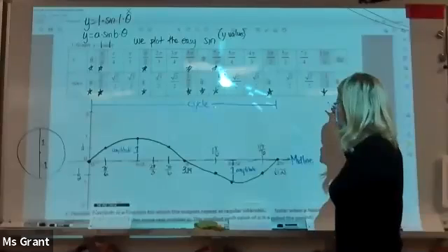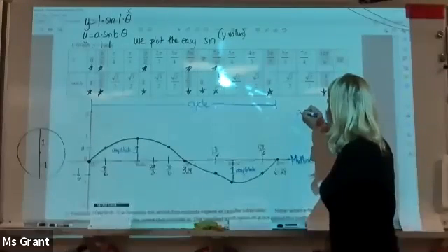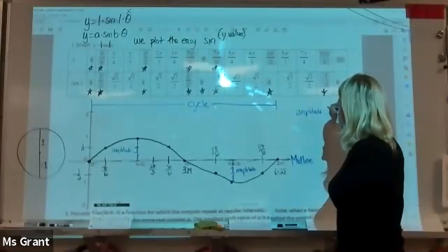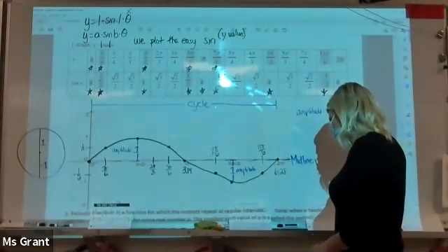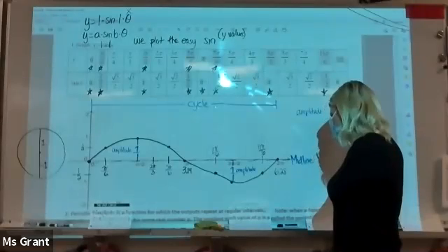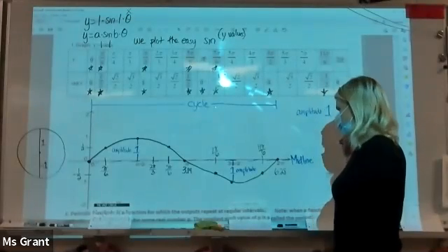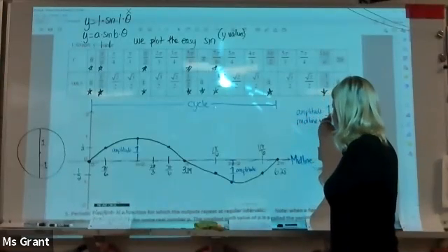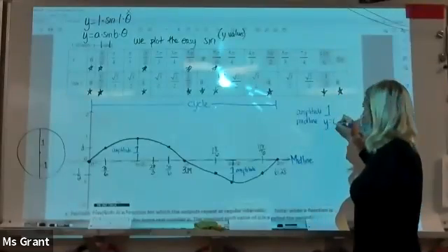Words to know. Amplitude is 1. My midline is y equals 0.